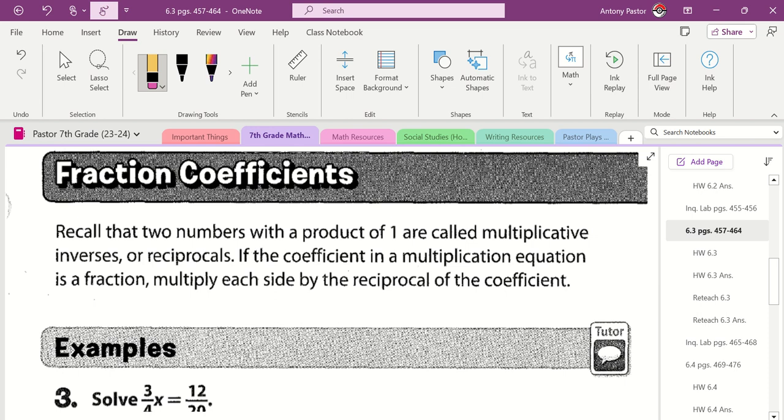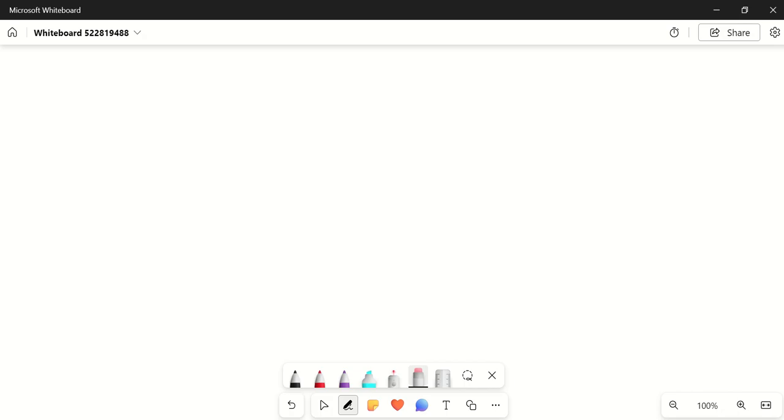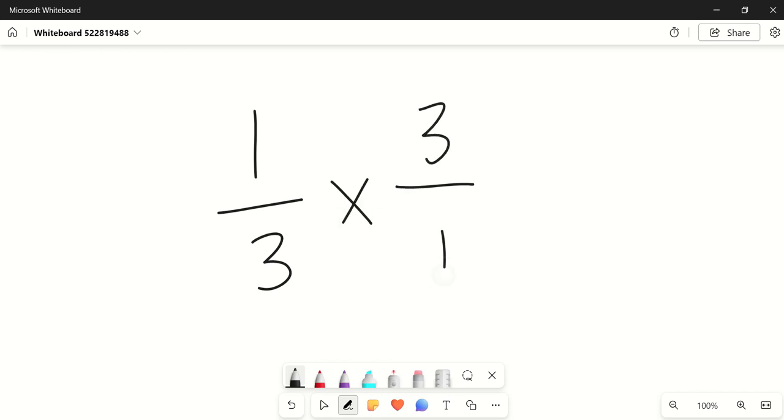Basically, what that sentence means is this. Say you have a fraction and you multiply it by its reciprocal. My answer will always be what? Ladies and gentlemen, what will my answer be? 1. No matter what.